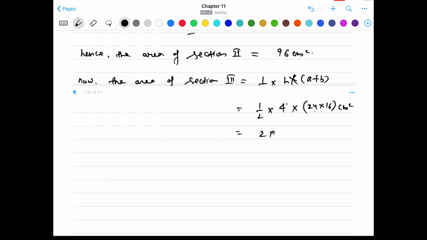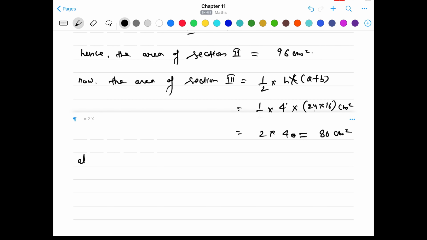Again, 4 divided by 2 gives us 2, and 16 plus 24 gives us 40. Multiplying by 2, we get 80 centimeter square. So the area of section 4 is also equal to 80 centimeter square.